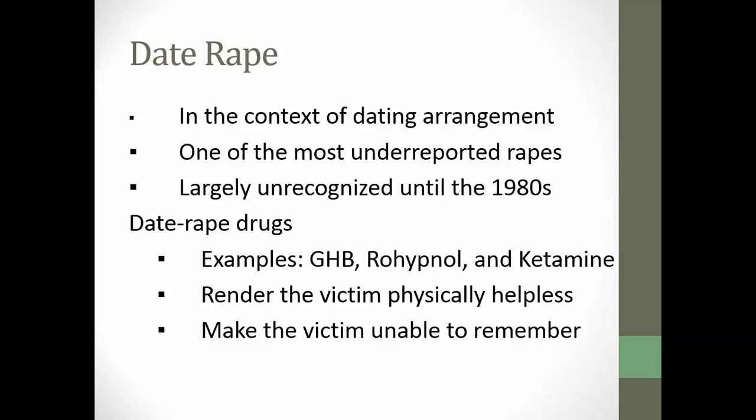It's happened probably since people have existed, but we started talking about it really in the 1980s, and talking about how it is a real crime. The fact that it occurs in the context of dating and legitimate interaction doesn't make it less important or less of a crime. And in terms of the types of rapes that exist, it is one of the most underreported forms of rape.